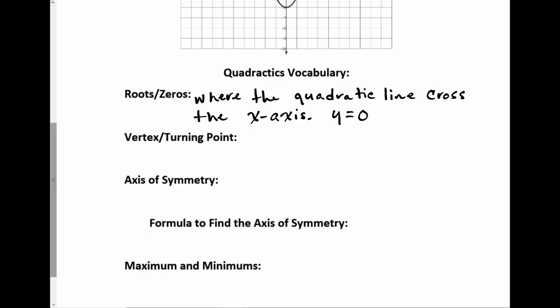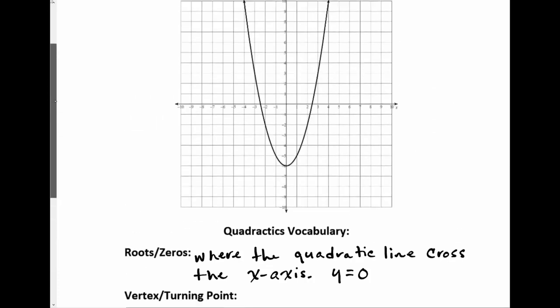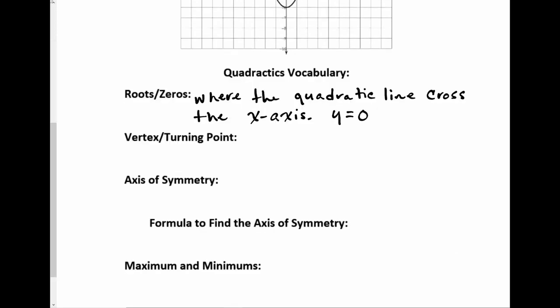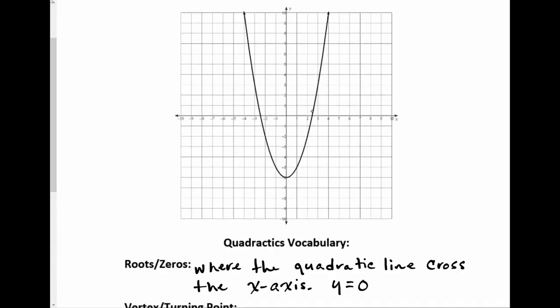Now to clarify this, I'm going to go back up to the picture and I'm going to show you exactly what I mean. So the roots of this equation would be right here and right here. It's where the line crosses the x-axis, and here is the x-axis. Now, as you can see, there are two roots. There's one right here and one right here.